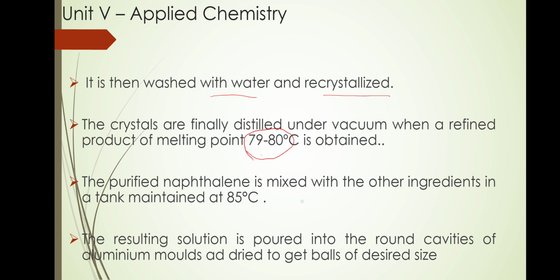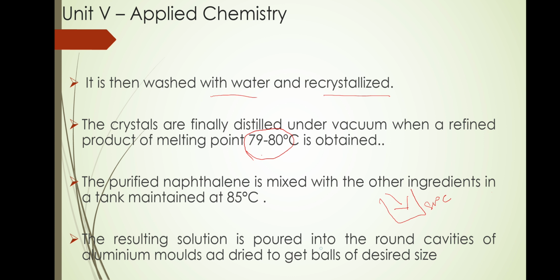The purified naphthalene is mixed with other ingredients in a tank maintained at 85 degrees centigrade. To that we add other ingredients like camphor, phenol, cerasine, etc. It is thoroughly mixed. 80 is the melting point, so at 85 the naphthalene is in a liquid state, and along with the other ingredients it mixes thoroughly.